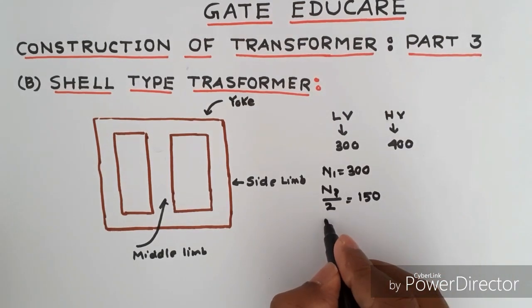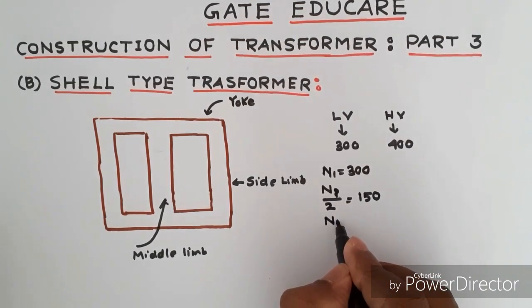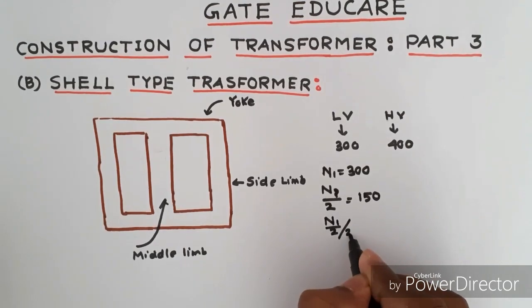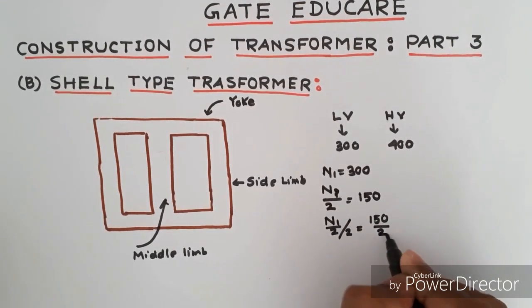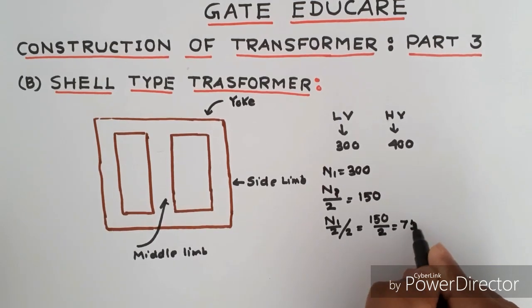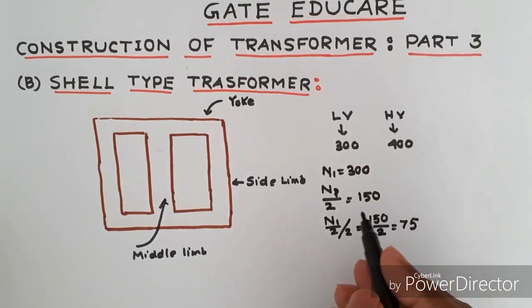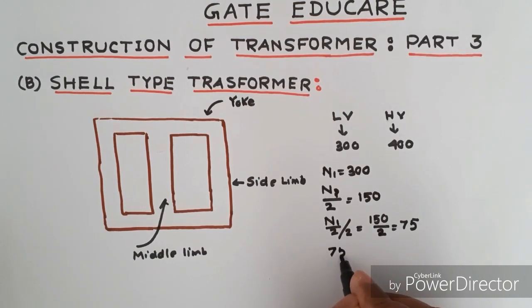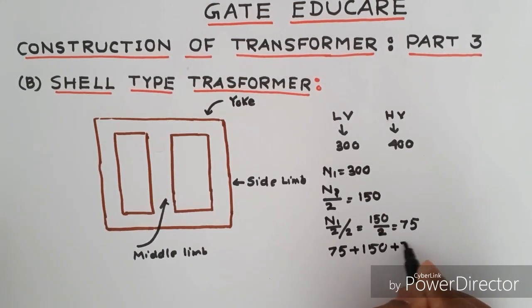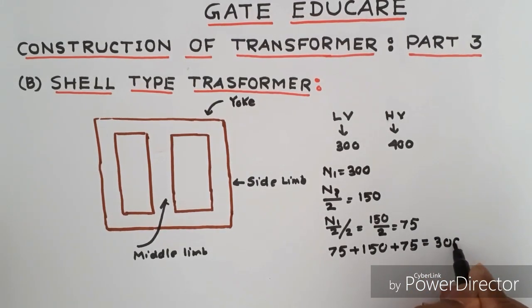Again, 150 divided by 2 equals 75. Therefore, LV winding is distributed in three parts: 75 plus 150 plus 75, that is equal to 300.